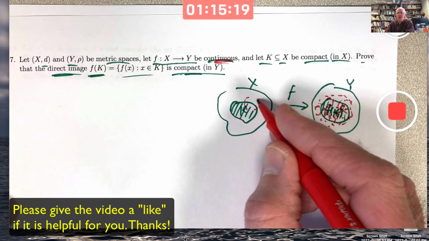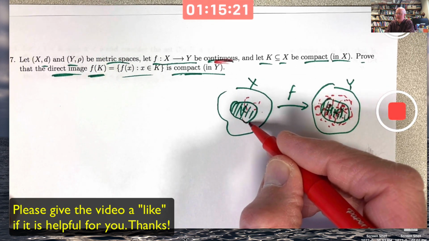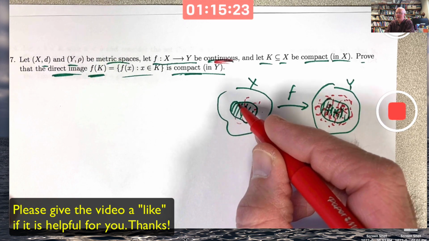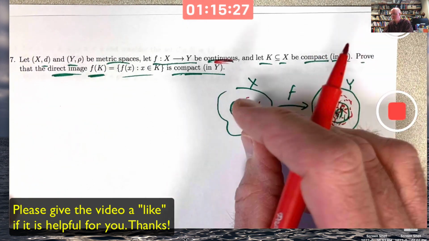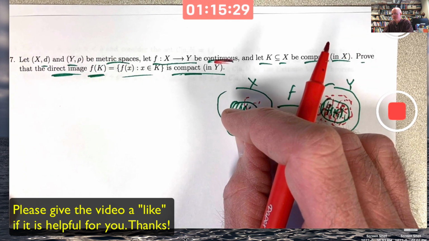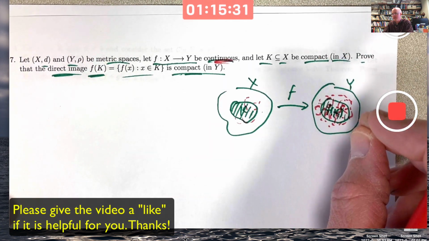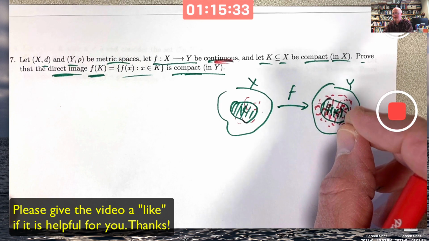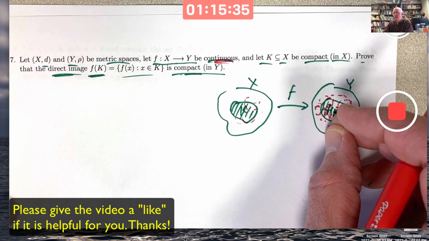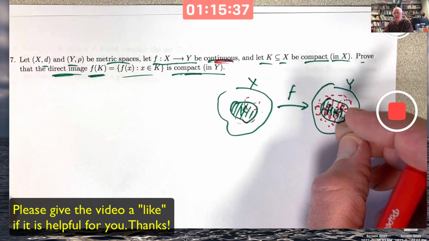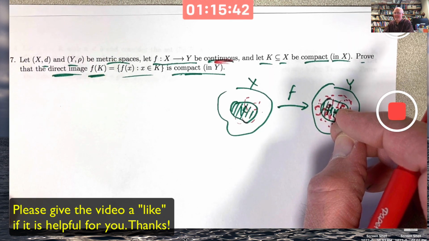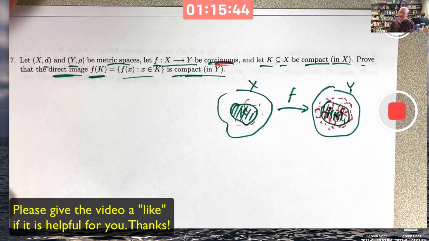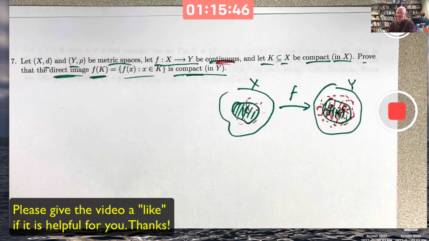They hopefully will form an open cover of K. And since K is compact, there will be a finite subcover. And take those finitely many preimages, and hopefully the corresponding finitely many U's over here will be an open cover, a subcover of f of K of the original collection. That's either easy or hard depending on how experienced you are with this.